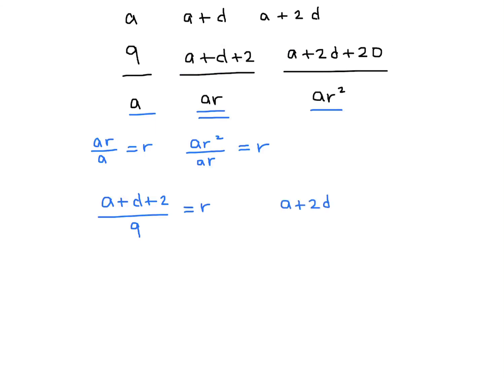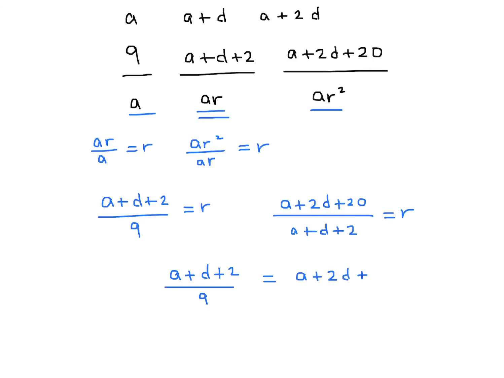So A plus 2D plus 20 over A plus D plus 2 is also equal to R. Okay, so far so good, nothing confusing, I hope. Now we let these equal to each other since they are both R. So A plus D plus 2 over 9 is equal to A plus 2D plus 20 over A plus D plus 2.